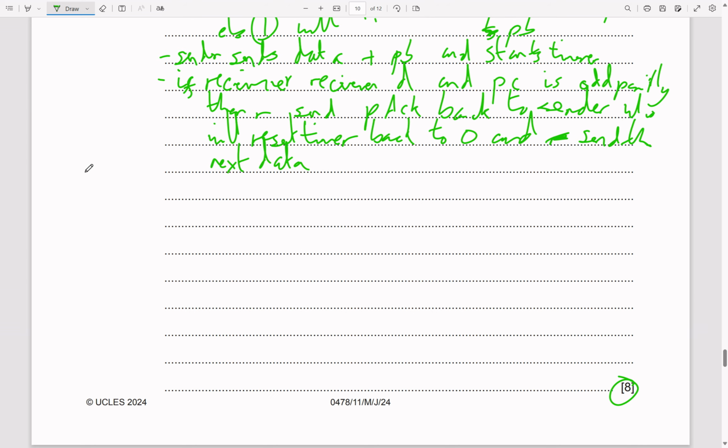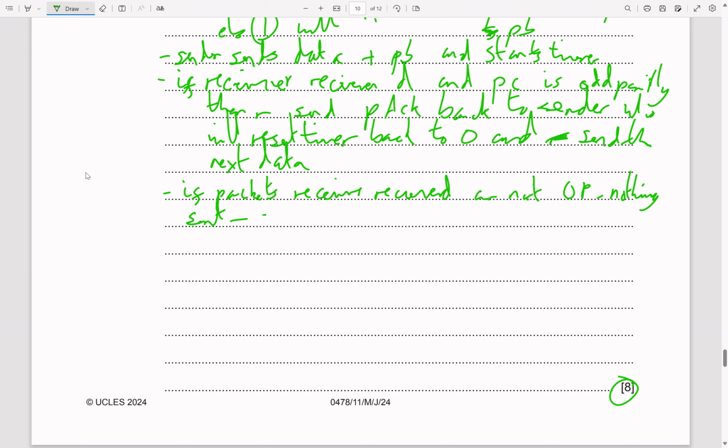So let's try and write that. If the packets the receiver received are not on parity, then basically nothing will be sent, the receiver won't send anything.